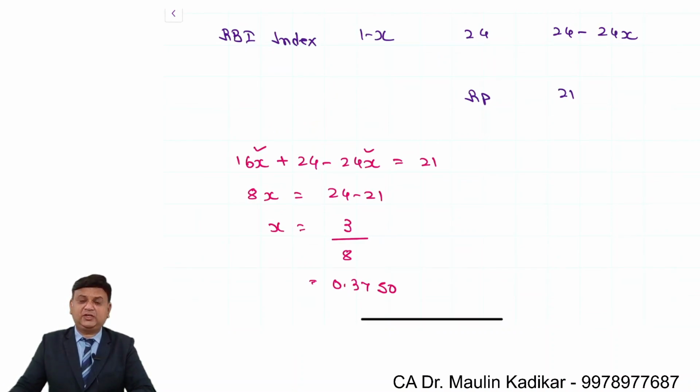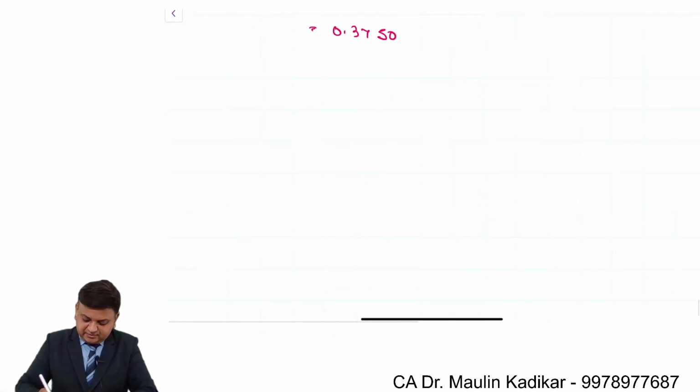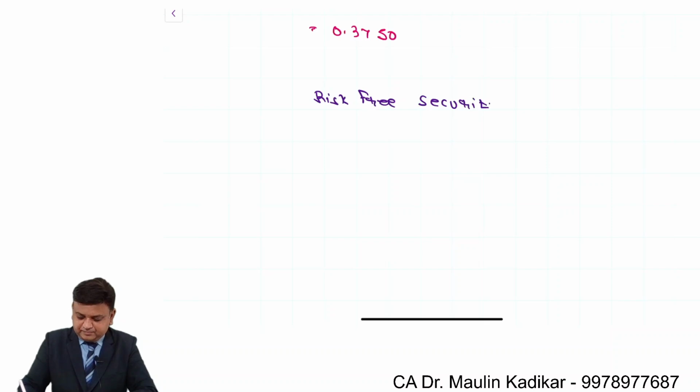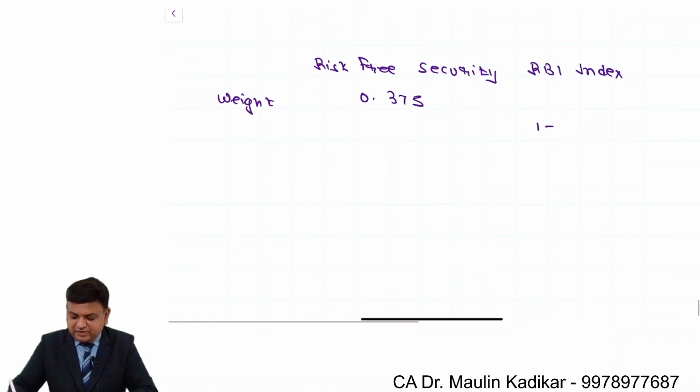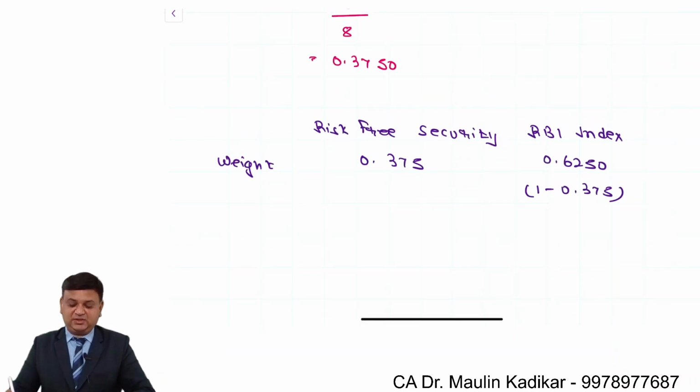This is the way the weight of x is calculated. So the weight of the risk-free security is 0.375, and the Reserve Bank of India share price index is the balancing figure, 1 minus 0.375, which comes to 0.625. This is the way we can compute the answer of the first question.